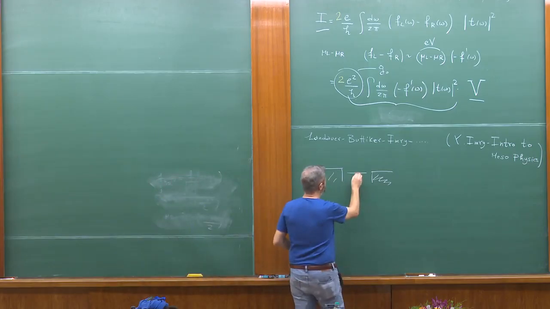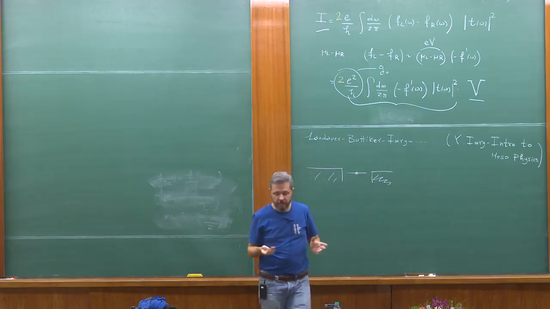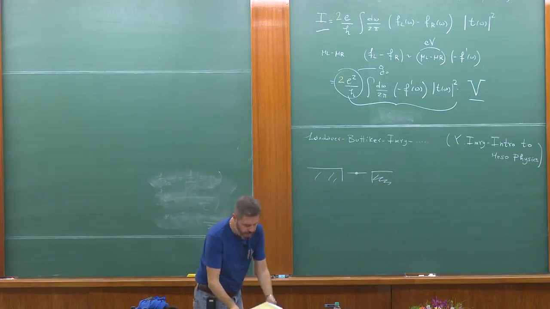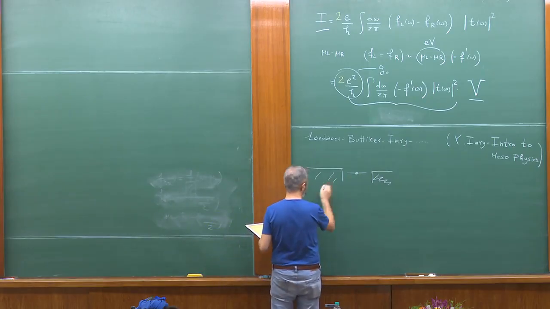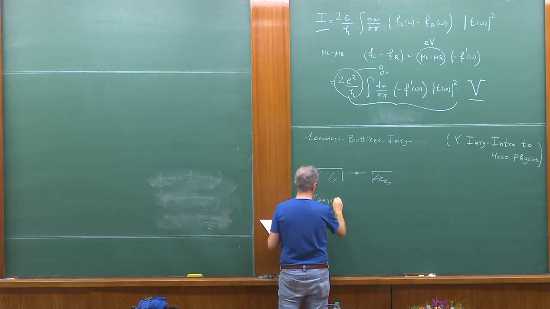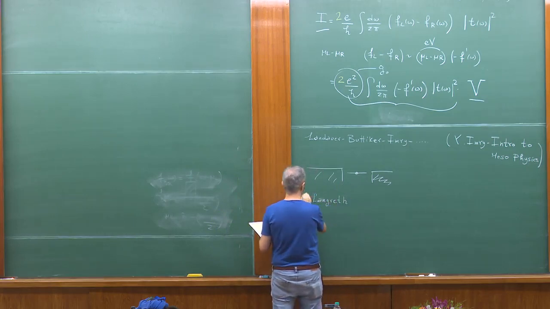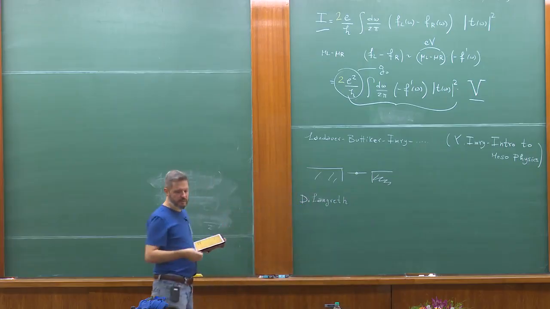Nevertheless, you can think of this problem and ask yourself, okay, what is the transmission probability here? Finding the scattering matrix for this particular setting was solved by Langreth, the same Langreth as yesterday. He was actually interested in something different.